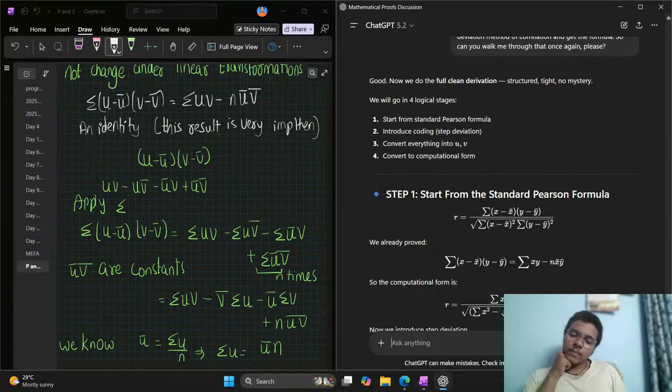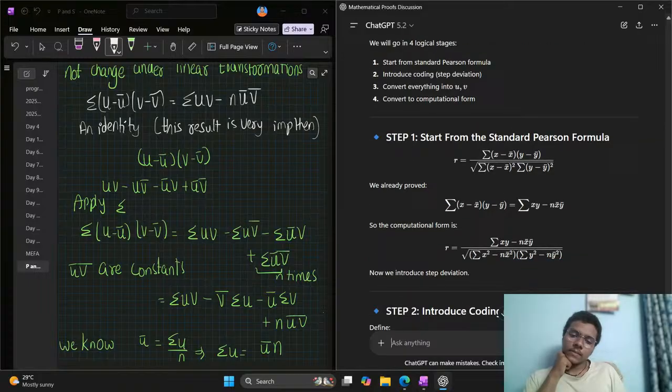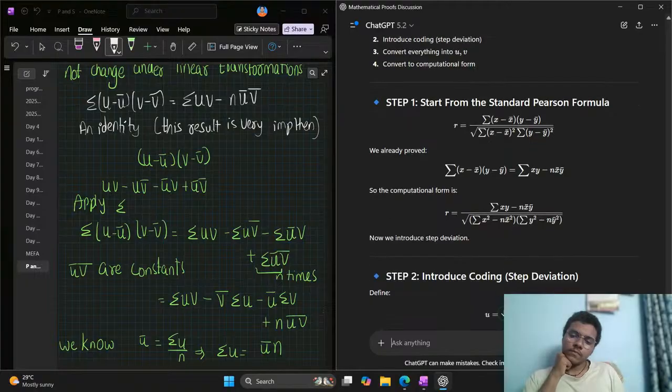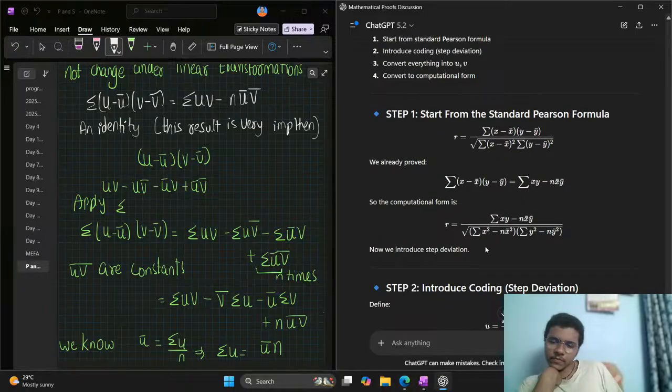Okay, we already proved it. So the computational form is sigma x square minus n x bar whole square. Okay, from where did this thing come?